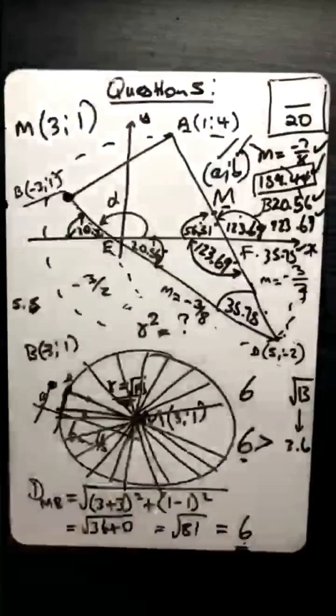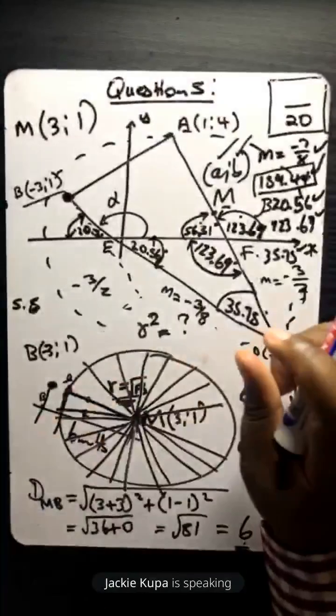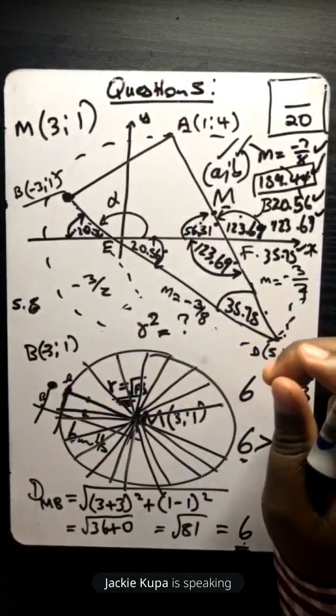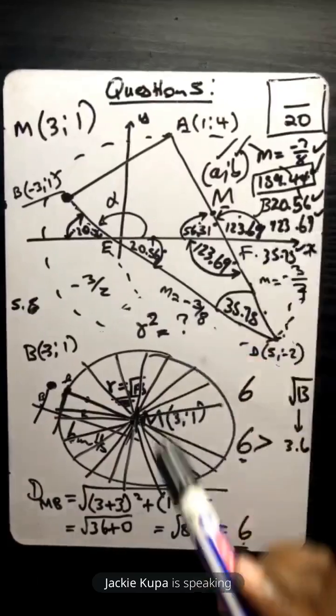Hello, sir. I wanted to explain why B is outside. Oh, yes, okay, go for it. For me, I don't have to do all those things. I don't have to calculate. I just see the center. From the center, I know X is 3.